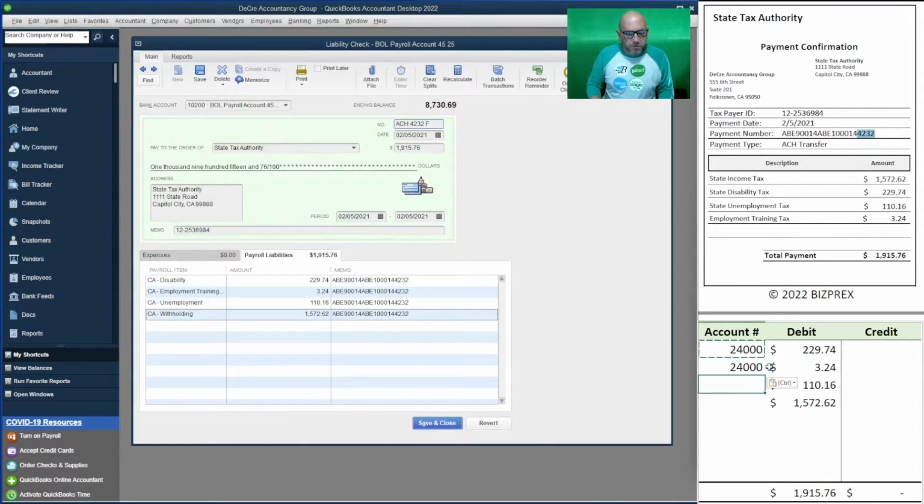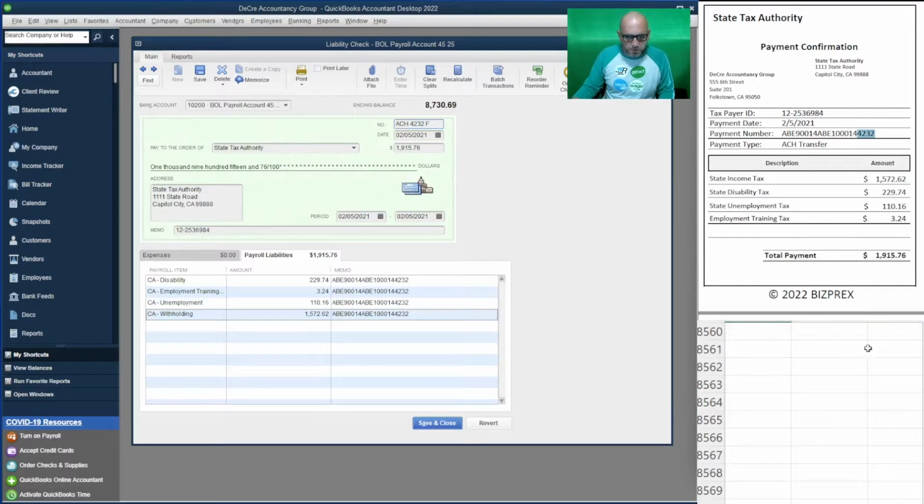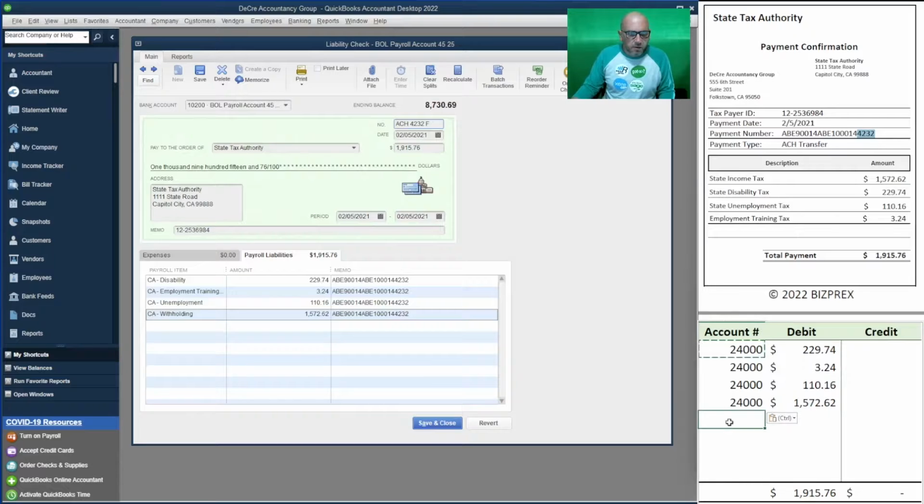Now we're reducing them. How are we paying those liabilities? We're paying it using our payroll account. Right? Payroll account is an asset. Assets are reduced when they're credited.